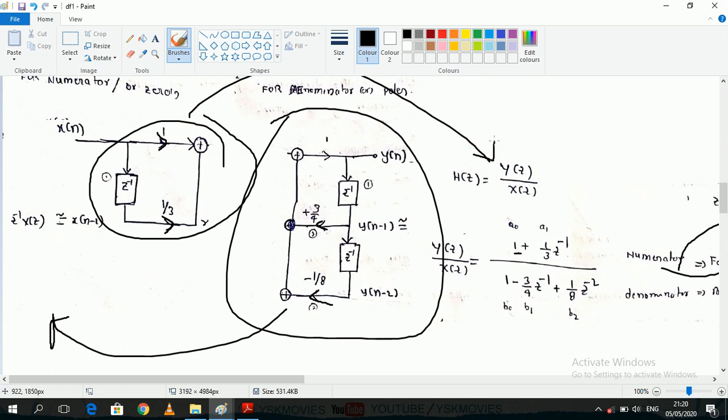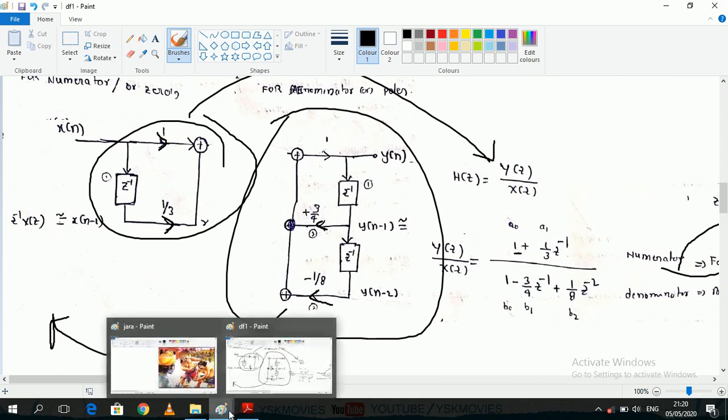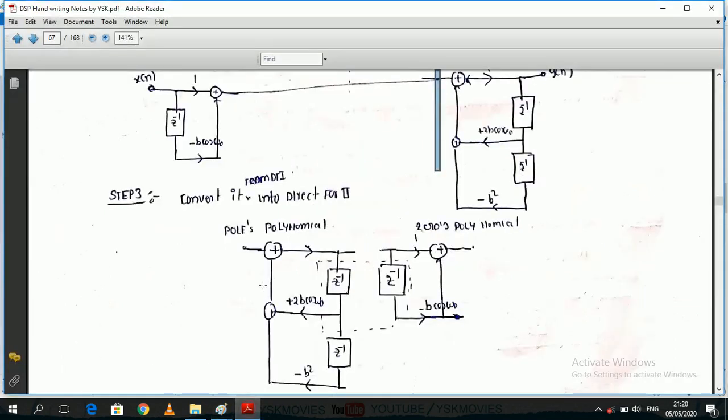What is the use of shifting these two places? See this example. What happens if you move this part to the left side and this part to the right side? This z inverse and this z inverse are in the same place, right? Why shouldn't we combine them?